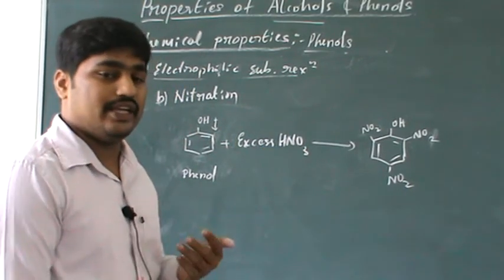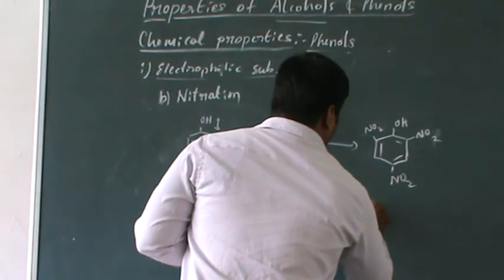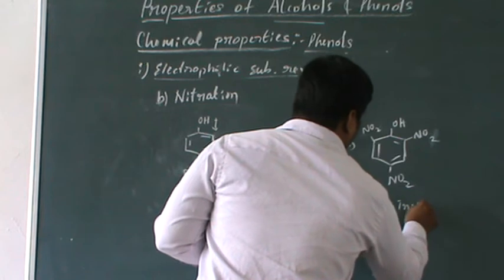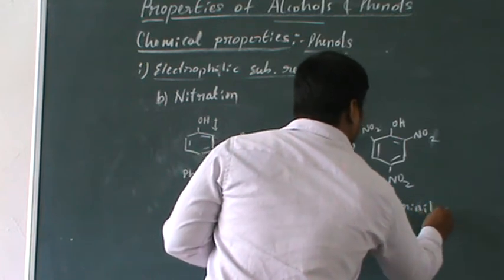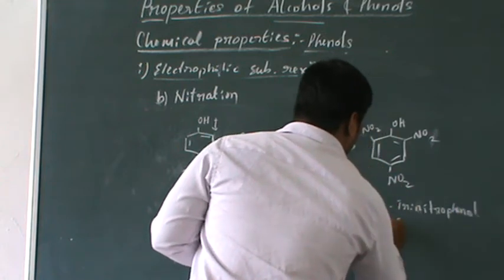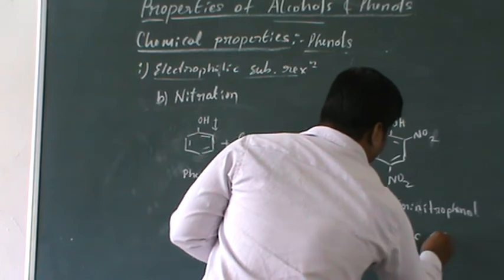When an excess quantity of nitric acid is used in the reaction, it produces 2,4,6-trinitrophenol. The common name of this compound is picric acid.